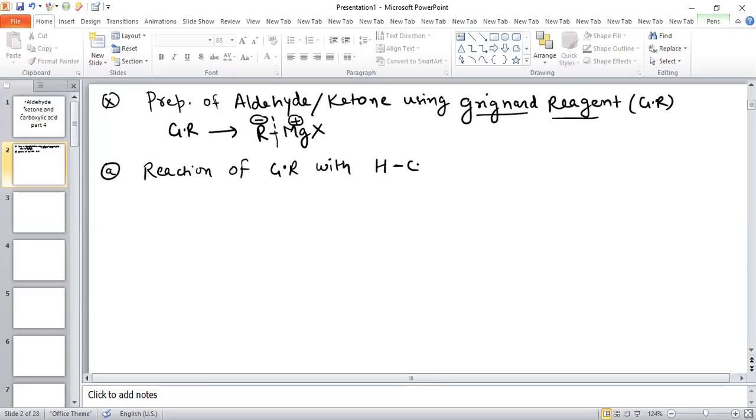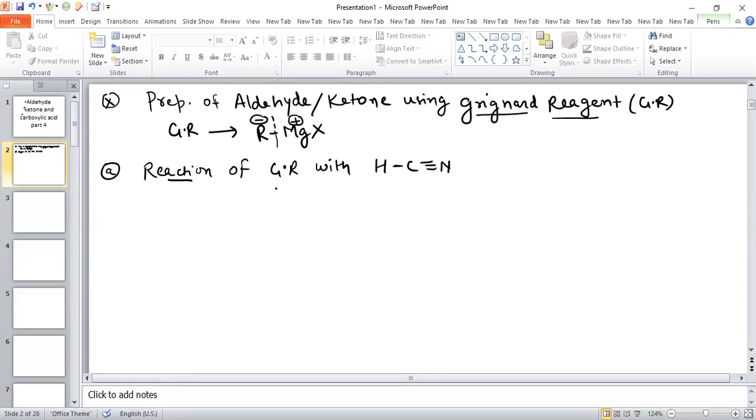Hydrogen cyanide is basically HC triple bond N. Now see, you can easily see what happens in the reaction of Grignard reagent with HCN. The molecule is HCN, and we add Grignard reagent.